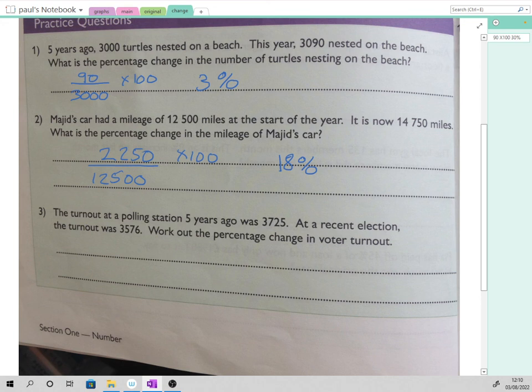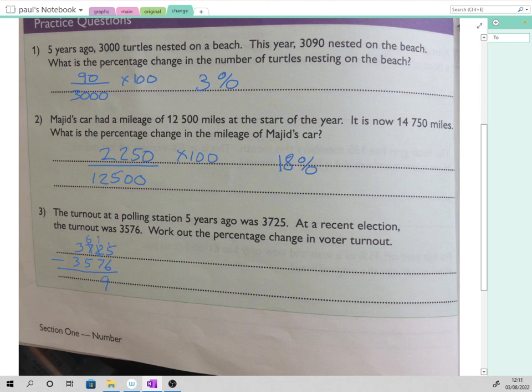The turnout at a polling station 5 years ago was 3,725. At a recent election, the turnout was 3,576. Work out the percentage change. So it's going down, isn't it? So let's do 3,725 minus 3,576. I could do this on the calculator, but I don't want to. It's good practice. Yeah, 9.